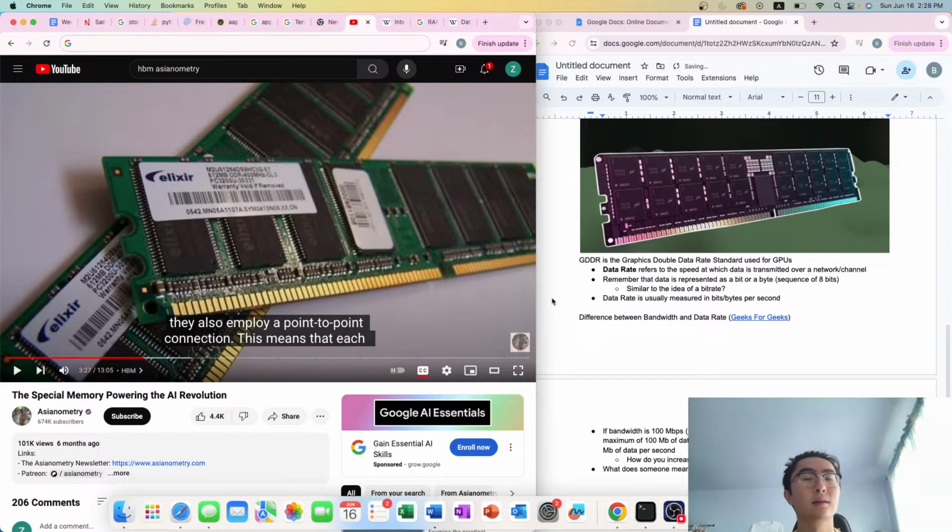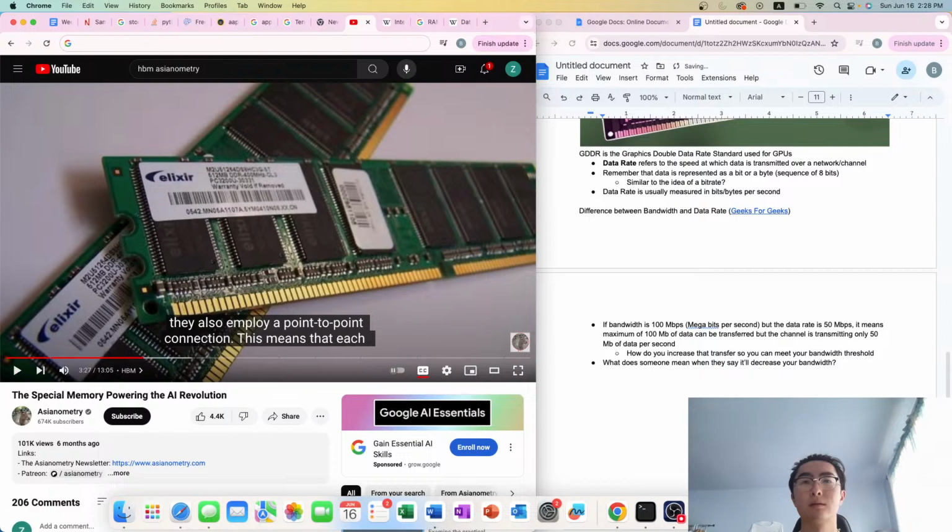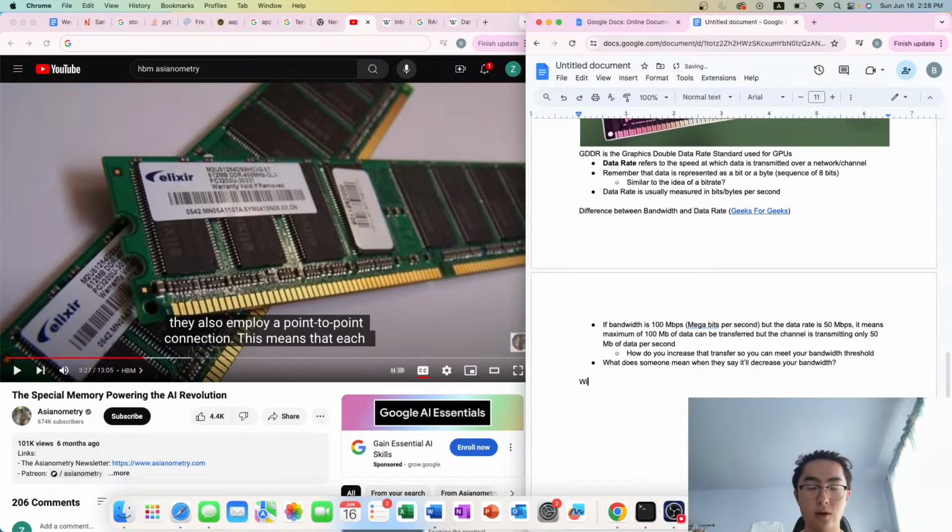Now, with every new generation of graphics DDR, double data rate, the data rate increases.